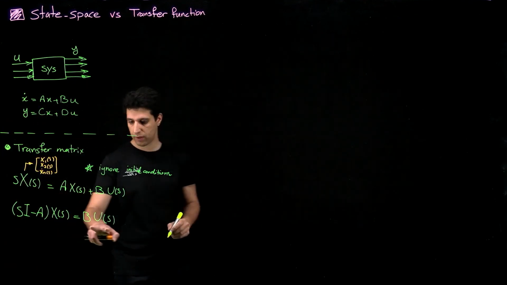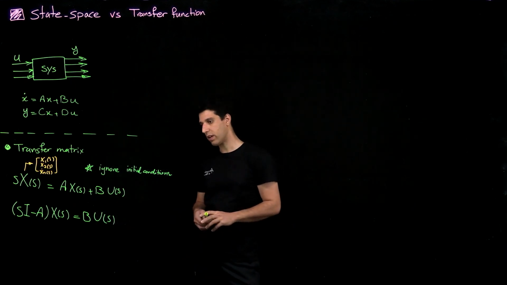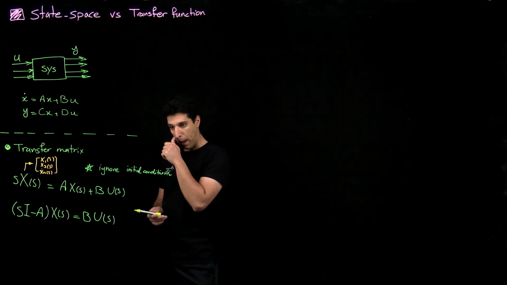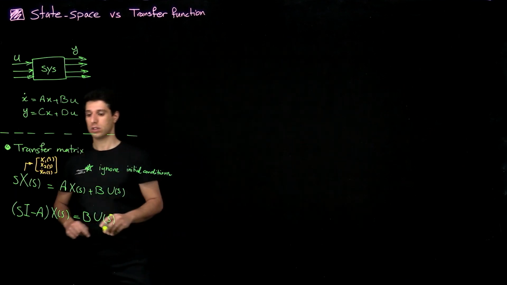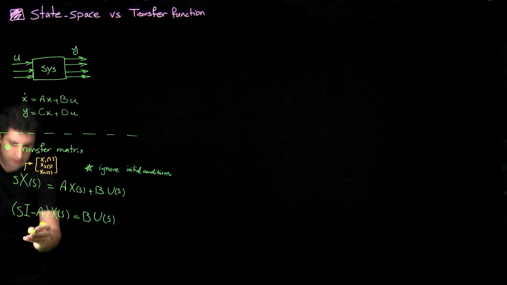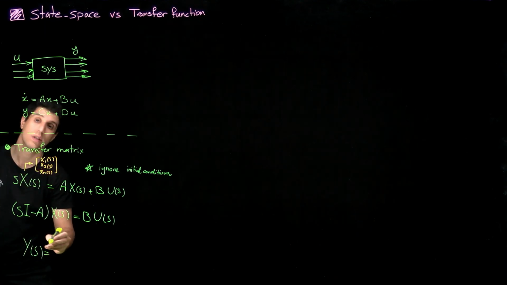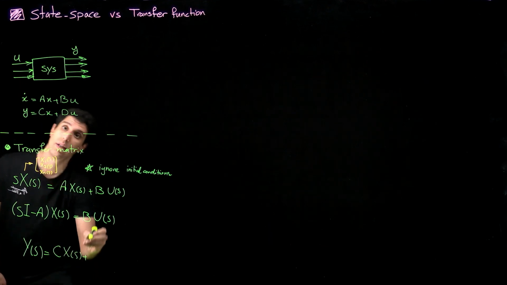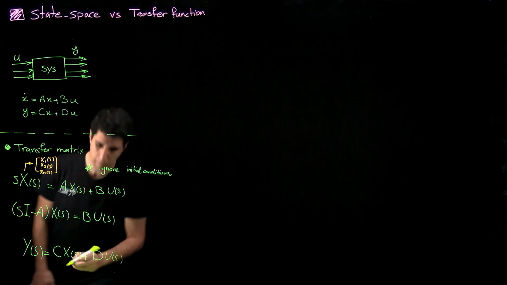Now I have a relationship between the state vector in Laplace domain and the input vector also in Laplace domain. But I need output. So let's take the Laplace transform of this equation as well. So I have Y of s equals C X of s plus D U of s.